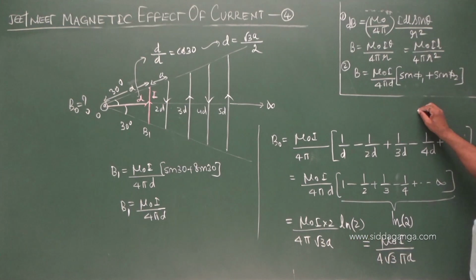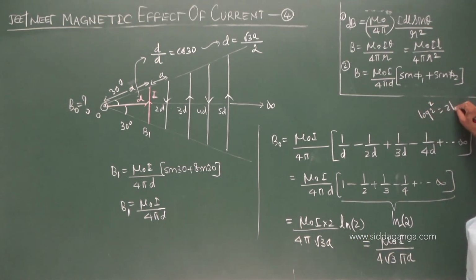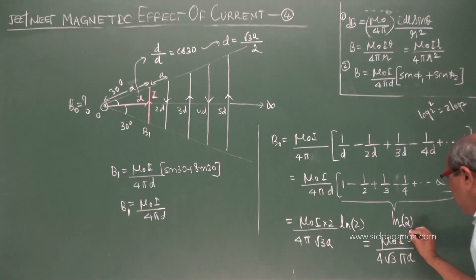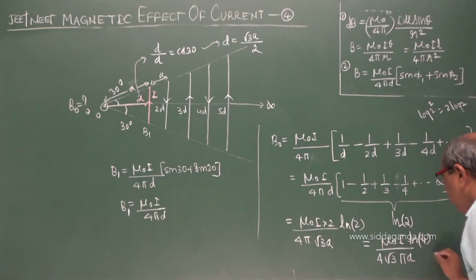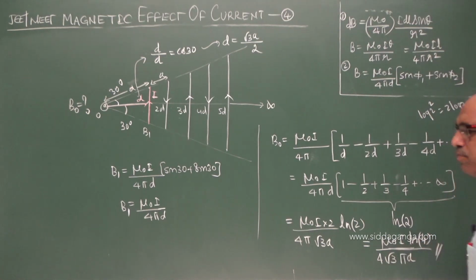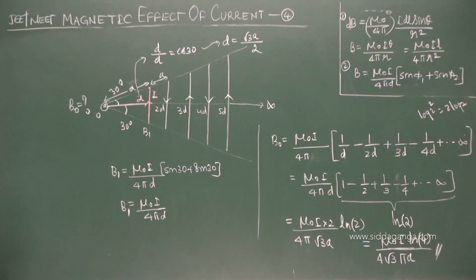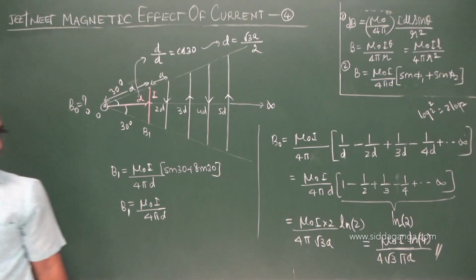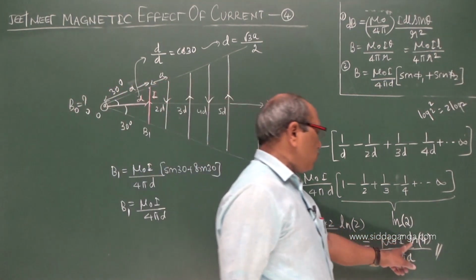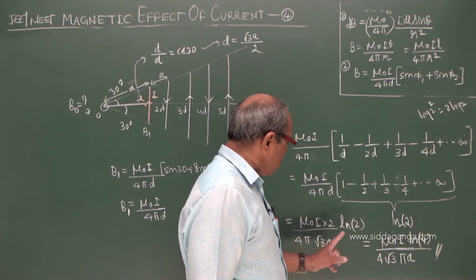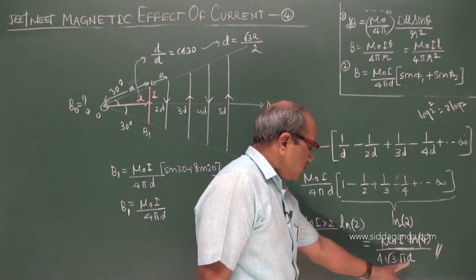Because you know, 2 log 2 can be written as log 2 power 2, therefore 2 power 2 becomes 4. That I am writing as ln 4. This is the possible answer you can get for that: mu naught I by 4 root 3 pi A ln 4. I hope you followed. This 2 I taken, 2 power 2 is 4.